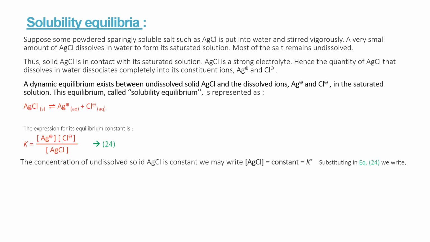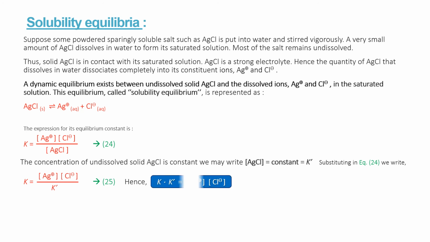In this case, the undissolved AgCl concentration is taken as K'. So we put the K' value in equation 24. That is, K is equal to [Ag+][Cl-] upon K'.